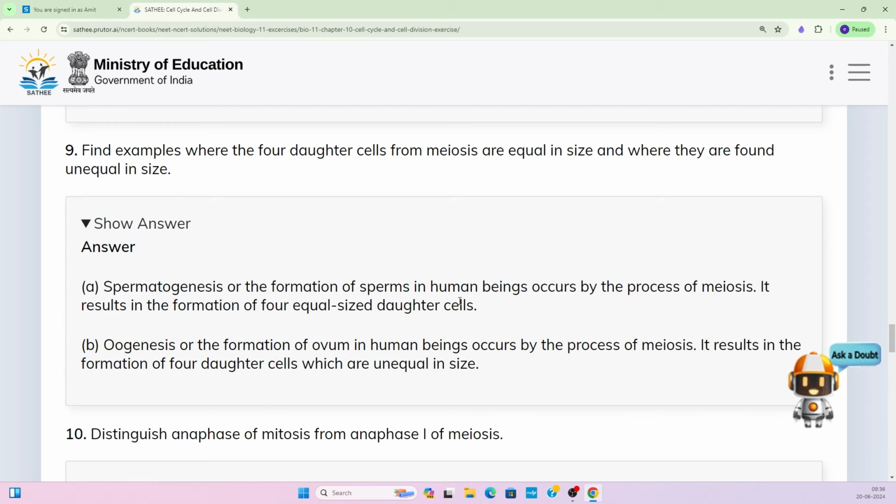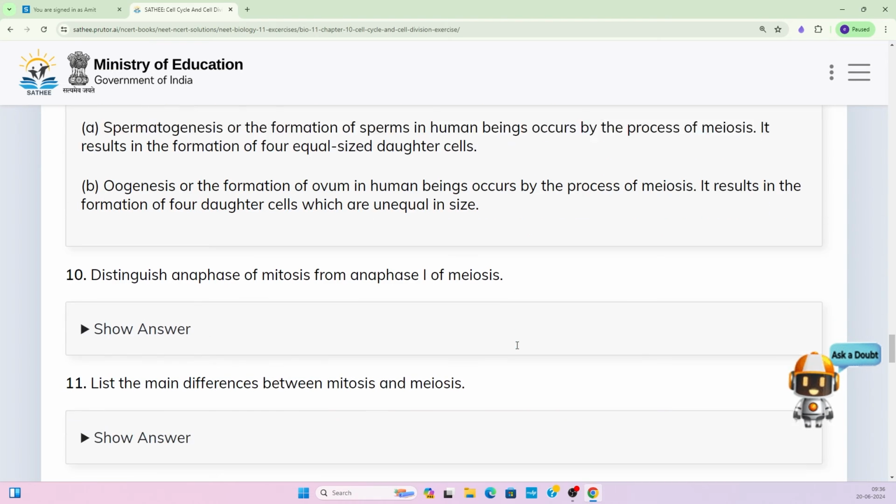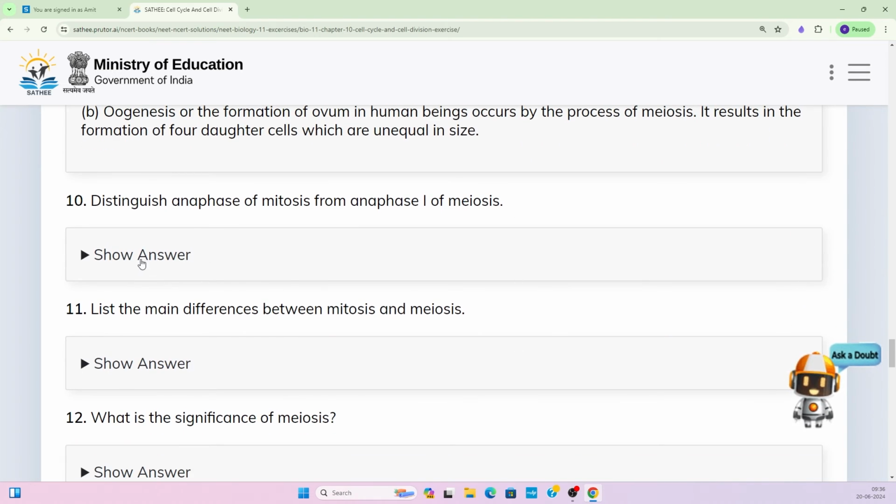Here we are just taking the point of the size. In the case of spermatogenesis, all the four daughter cells are of equal size, whereas in the oogenesis process the cells are not of equal size, right? This is the difference.